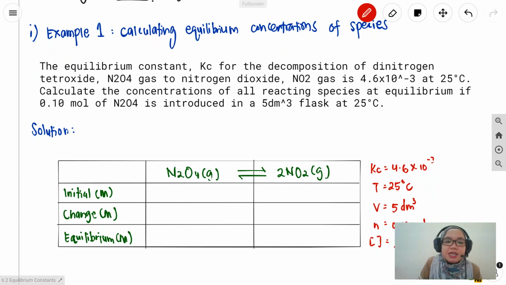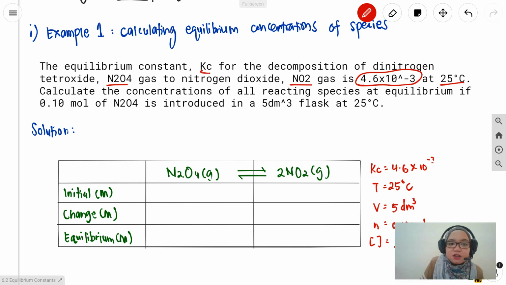It says that the equilibrium constant Kc for the decomposition of dinitrogen tetroxide N2O4 gas to nitrogen dioxide gas is 4.6 times 10 to the power of negative 3 at 25 degrees Celsius.